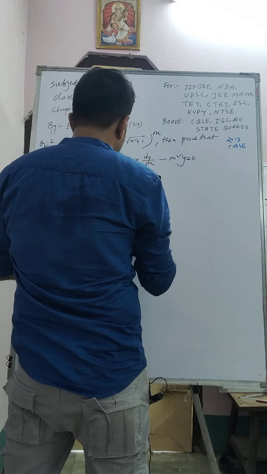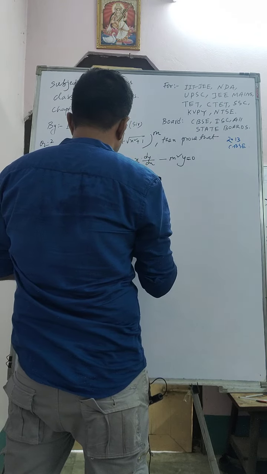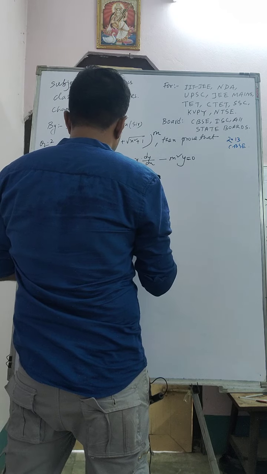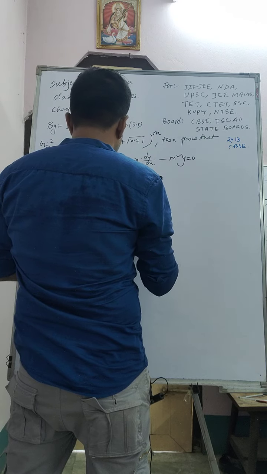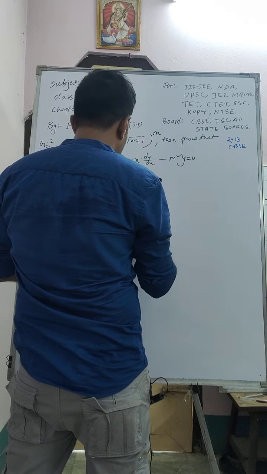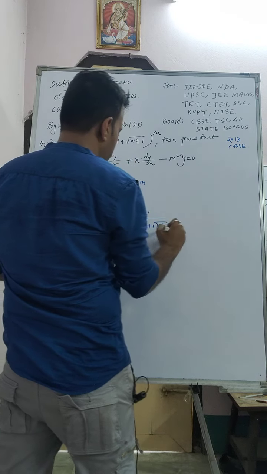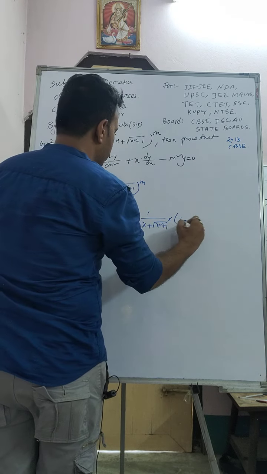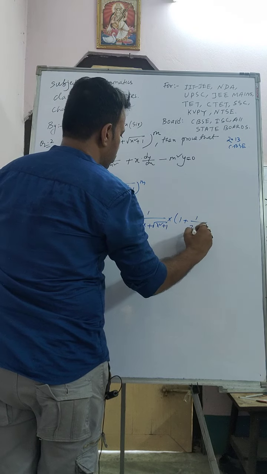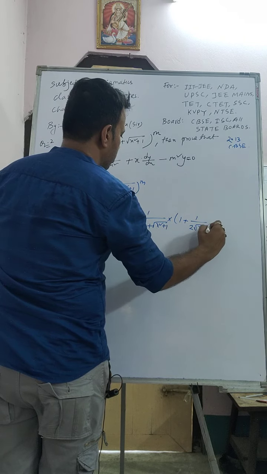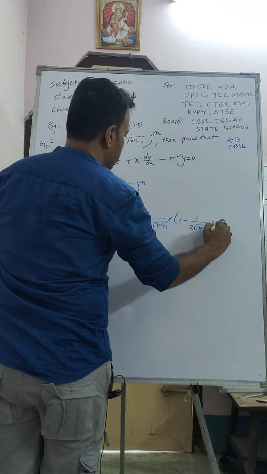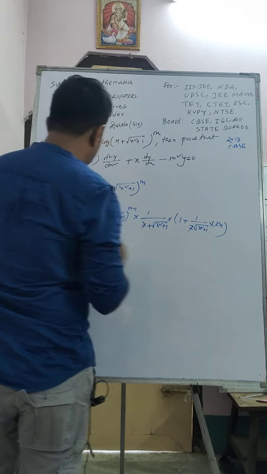Derivative of log is 1 by (x plus root over x square plus 1), and again this one is 1 plus 1 by 2 root over x square plus 1 into 2x. This one will cancel.